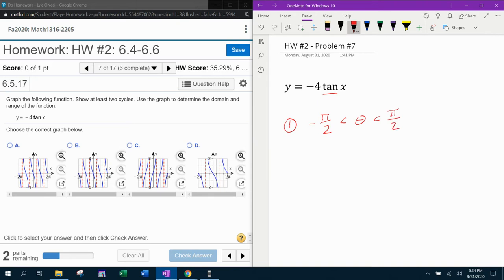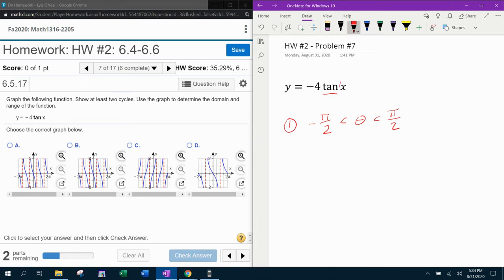The way I think about this is it says that theta can be an angle bounded between these two values in order to produce the graph, so that these boundaries here are going to be 2 consecutive asymptotes, okay? So from negative pi over 2 to pi over 2, depending on what theta is.